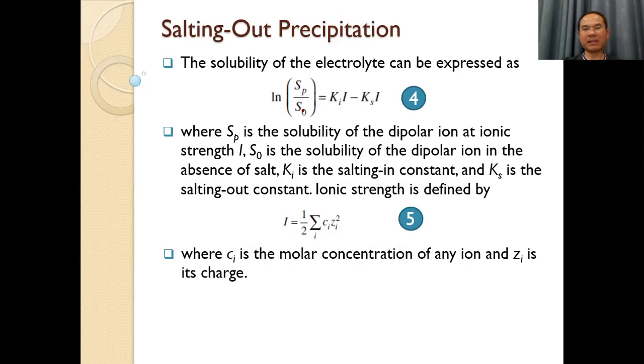You can calculate ionic strength by this equation. The ionic strength is half of the summation of Ci Zi squared, where Ci is the molar concentration of any ion and Zi is the charge of any ion.